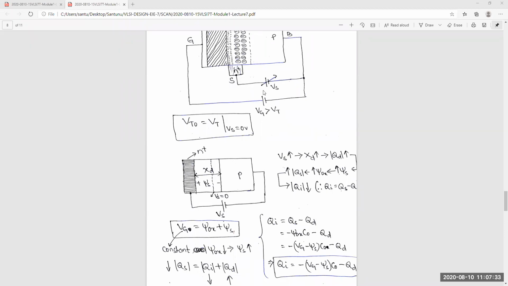So from this analysis we are sure this should not be a negative voltage. Source to substrate is always a positive voltage. That positive voltage may be zero, very high, or a medium voltage, depending on how much threshold voltage is required, on the application, or on the circuit structure.